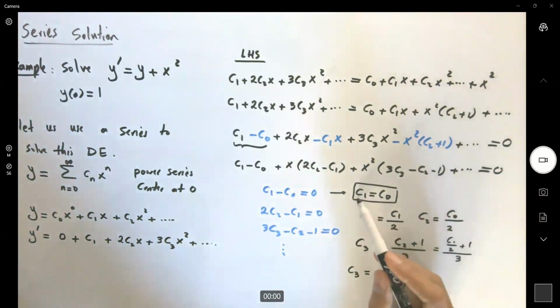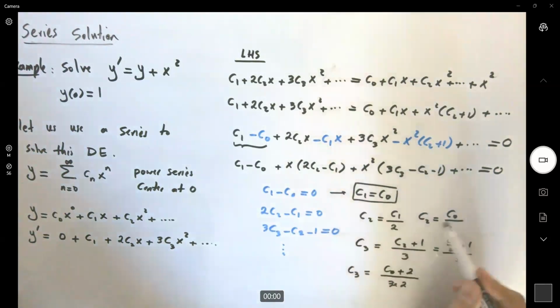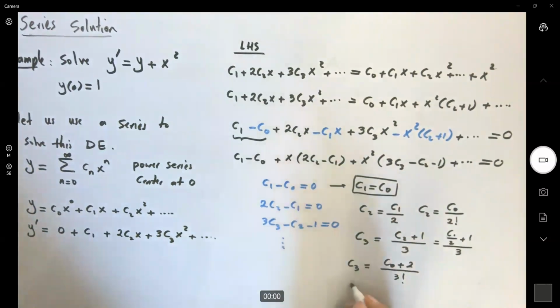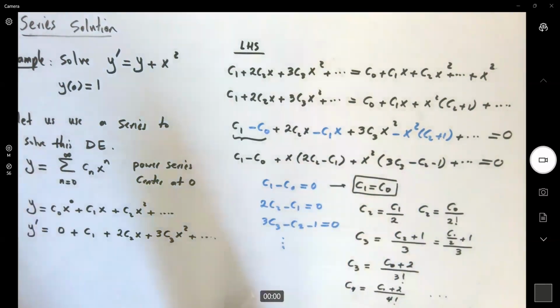I have c1, which is c sub 0. I have c2, which is c sub 0 divided by 2, and 2 is just 2 factorial. c sub 3 becomes (c sub 0 plus 2) divided by 3 factorial. If you continue this process, you're going to see that c4 becomes (c sub 0 plus 2) divided by 4 factorial, and the rest of them.